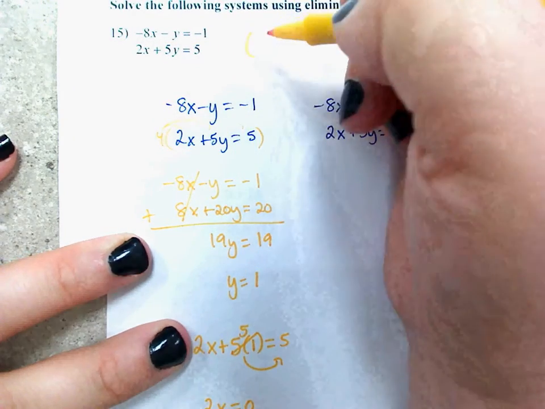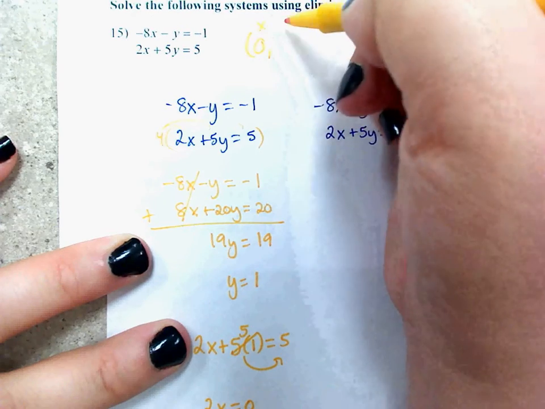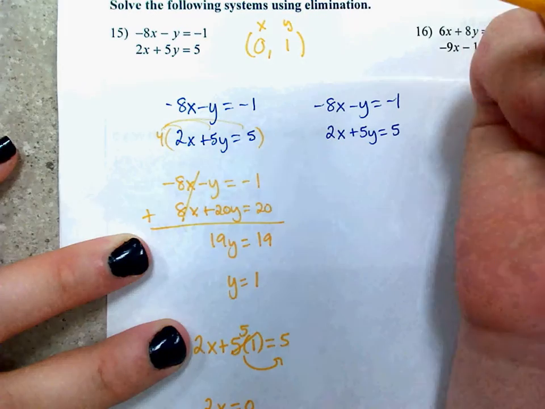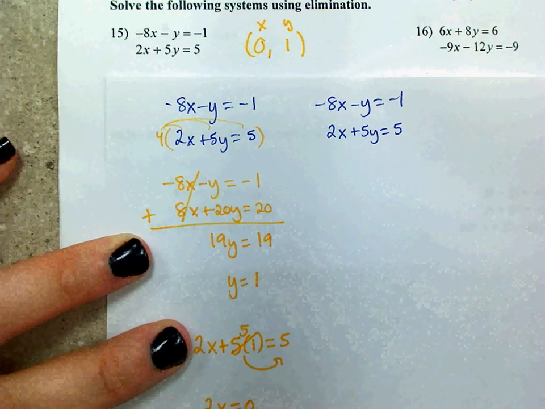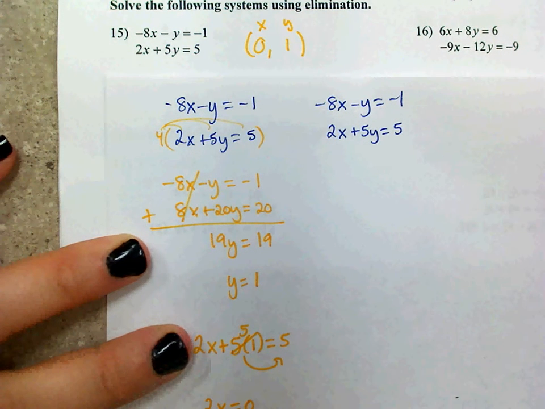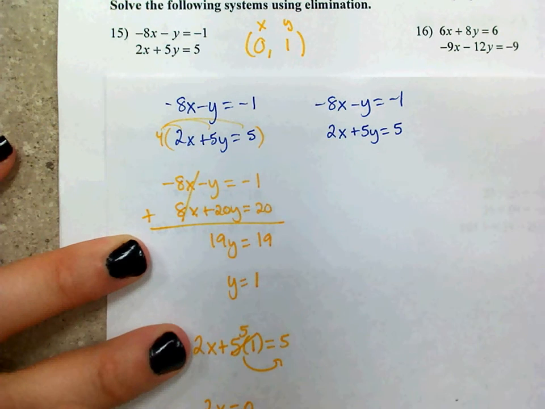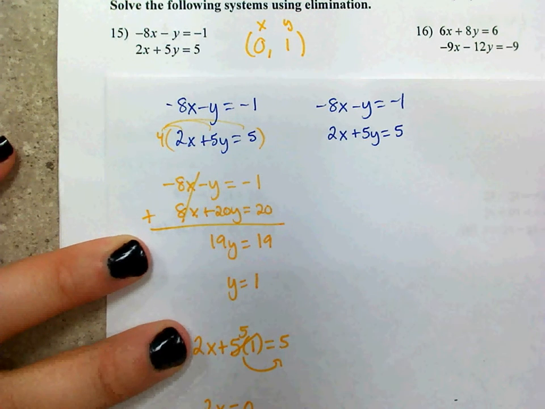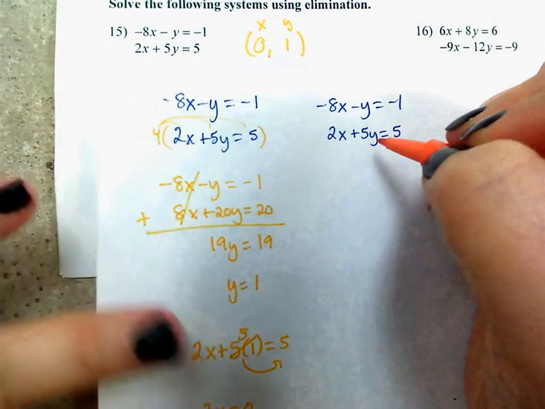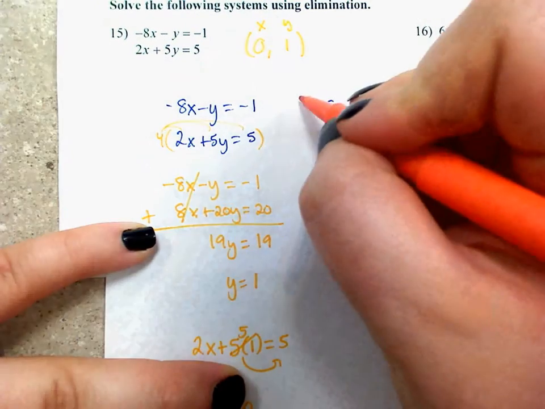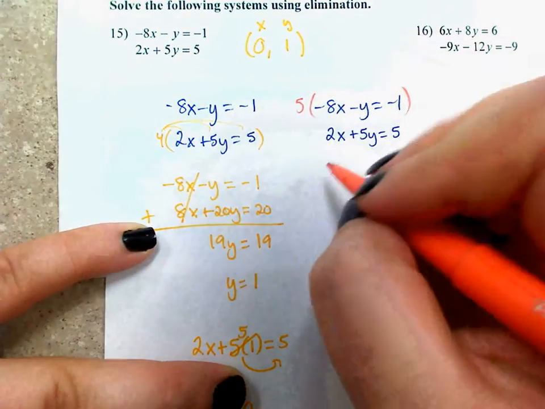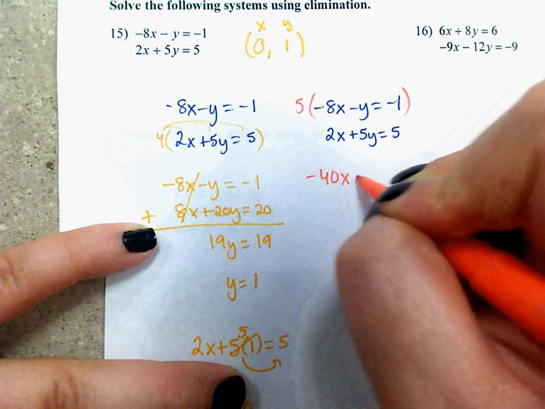Okay. If I had chosen to manipulate the y's instead of the x's, I've already got one positive, one negative. I've got a negative 1 and a positive 5. And so if I were to multiply this top equation by 5, negative 40x minus 5y equals a negative 5. And the bottom equation I left alone. And I added the 2.